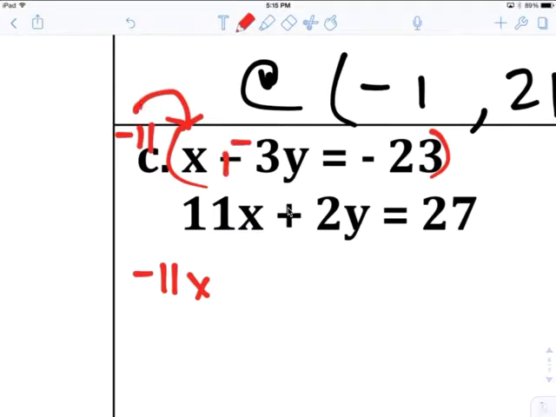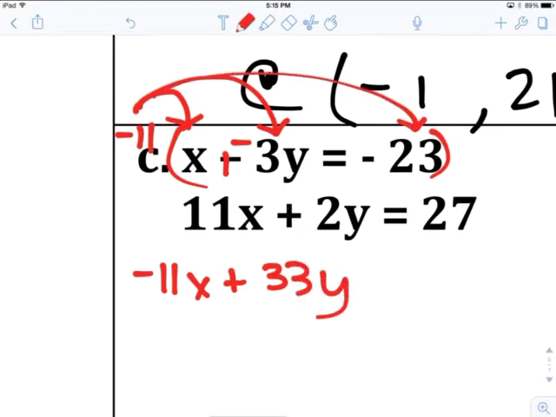Additive inverse. That to that is a positive 33y. That to that, oh, that's a big one. Let me see. 23 times 11 equals 253. And then the other ones stay the same.